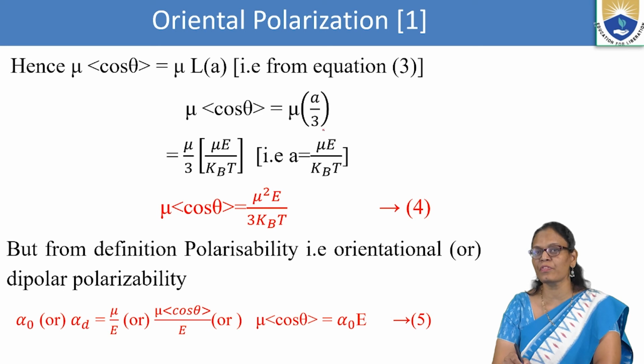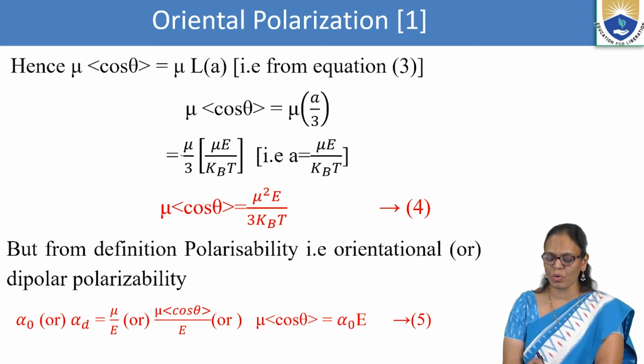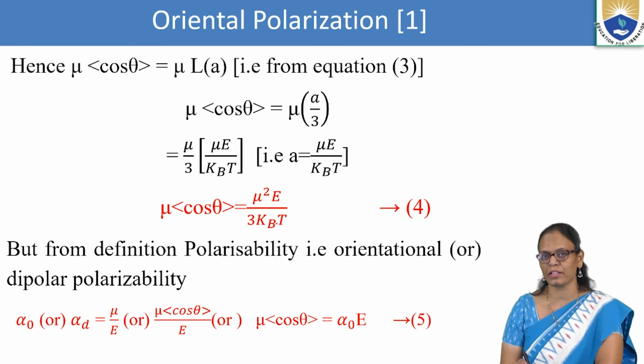This is under low field strength. So let us substitute now for a. So μ by 3 into a, where a is μE by kBT. What we get here is μ square E by 3 kBT. So μ cos theta is μ square E by 3 kBT. This is equation 4.